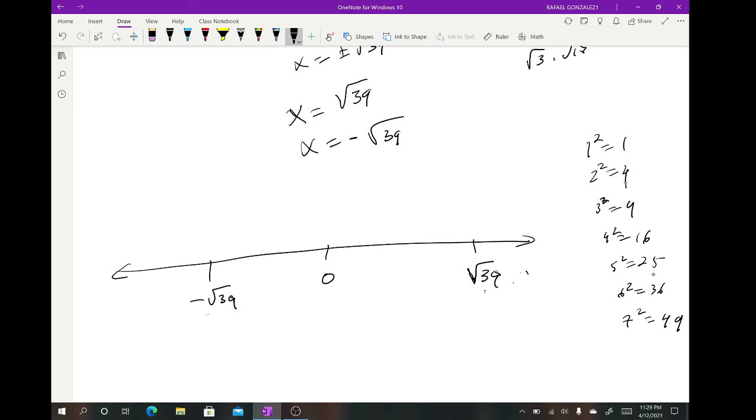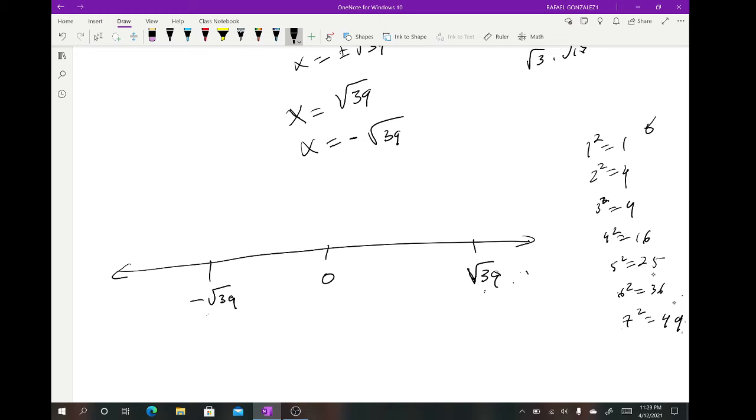If you take the square root of these numbers on the right side, you will notice that the square roots of these numbers correspond to the 6, 7, 5, 4, 3, 2, 1.